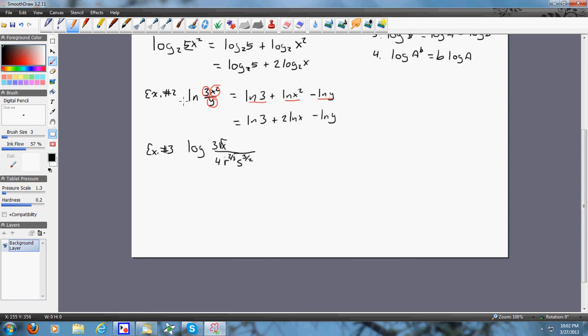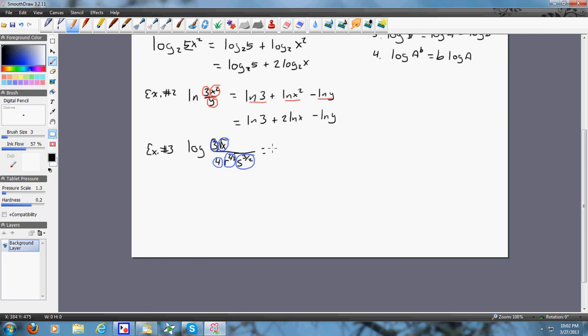Alright, so in this particular example I have, pardon me, 1, 2, 3, 4, 5 different things I'm working with, 5 different factors. So in the end, I should have 5 logs.